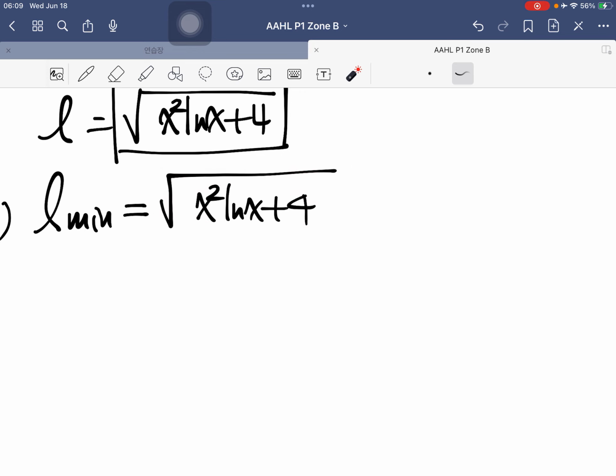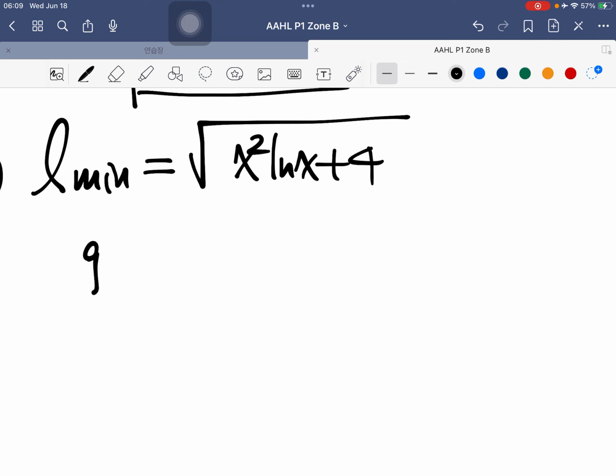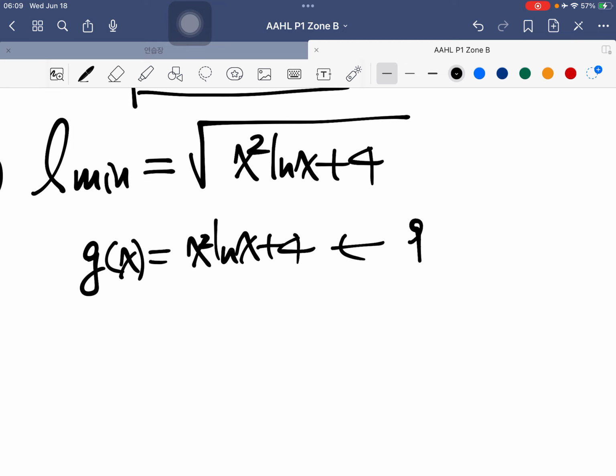The minimum value happens when the inside of the square root becomes a minimum value. So let's define g of x equal to x squared ln of x plus 4. We need to find the x coordinate where this function goes to the minimum.